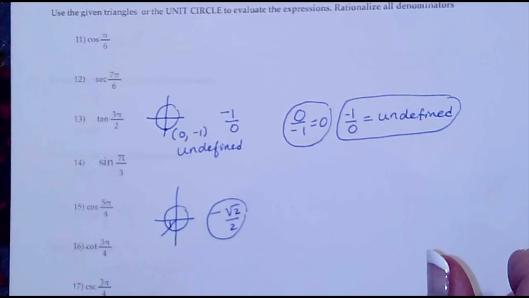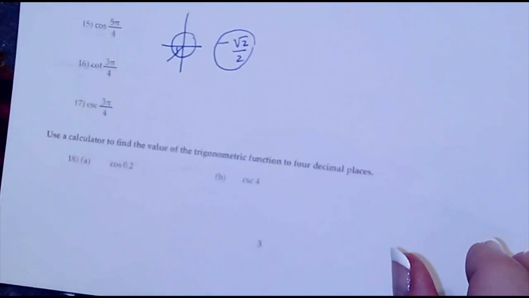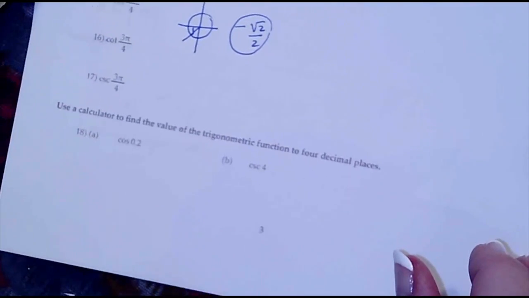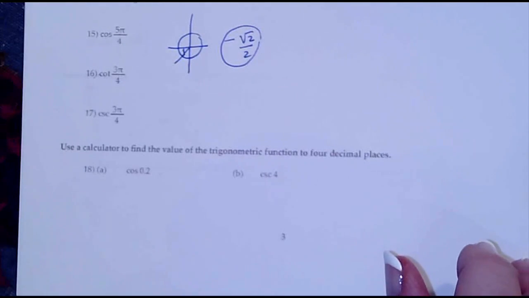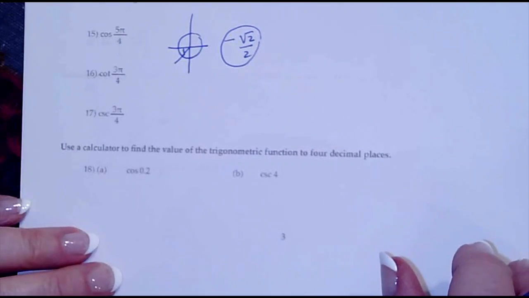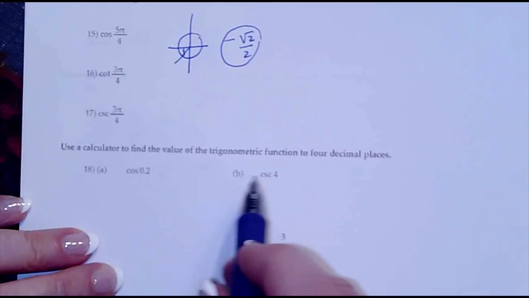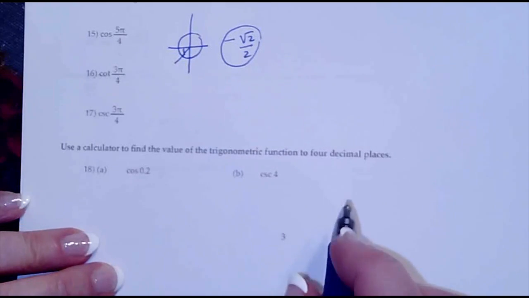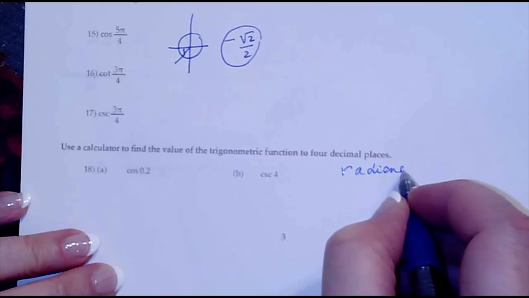Now, on number 18, we're not going to do number 18, but I want to point out that it says you're supposed to find it using your calculator this time. It says use the calculator to find the values of the trig functions to 4 decimal places. Make sure on this one, since it does not say degrees, it means radians. So your calculator has to be in radians mode.